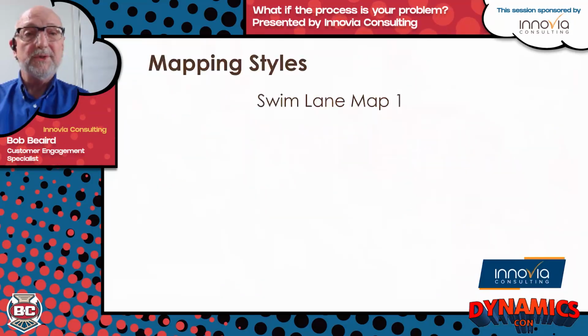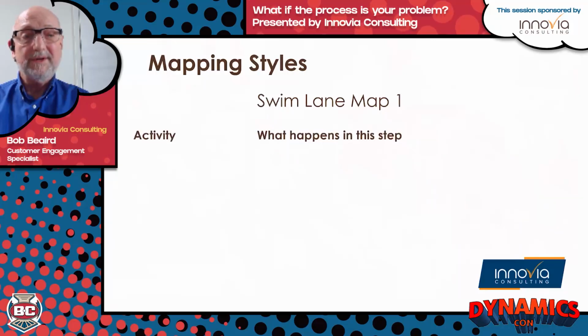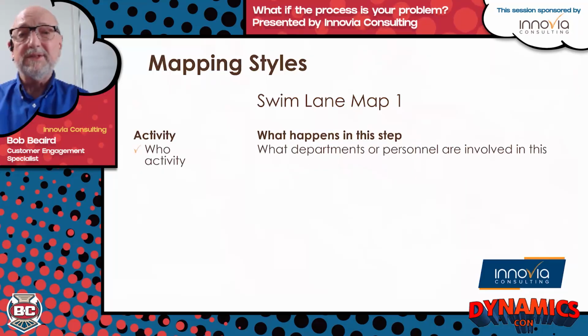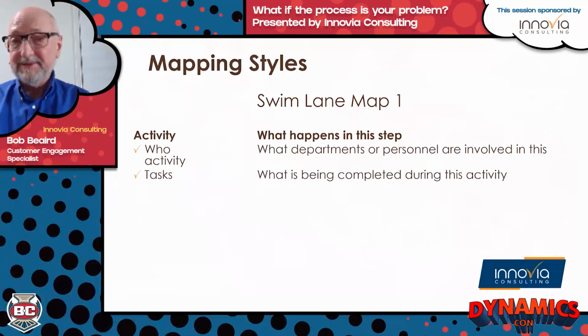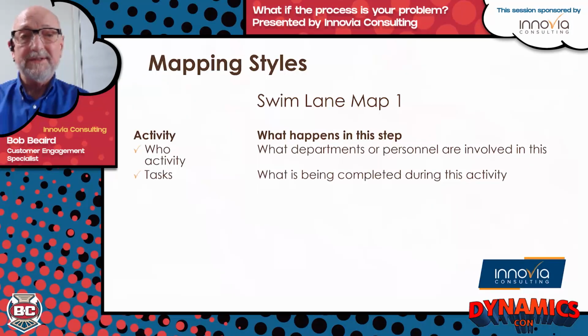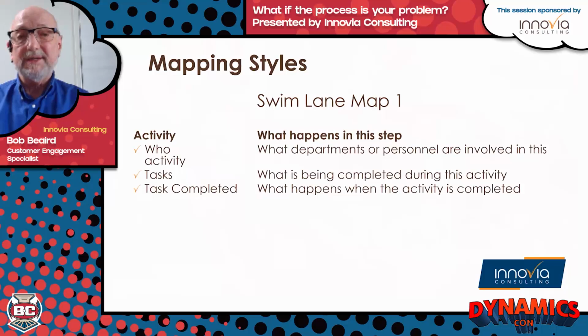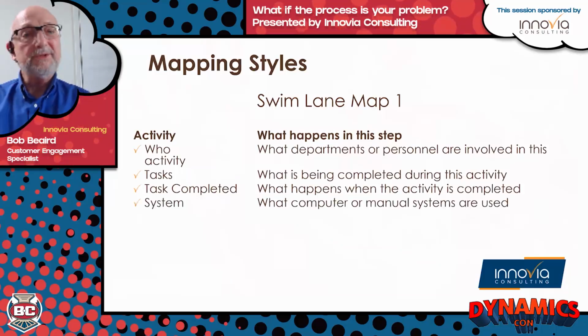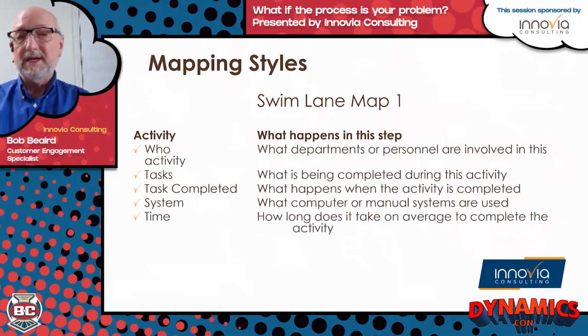One is what we'll call swim lane map number one. What that does is talk about an activity, what happens in the step, who does the activity, what departments or personnel are involved, the tasks, what's being completed, what happens when an activity is completed, the systems, whether those are computer systems or manual systems that are used, and the time.